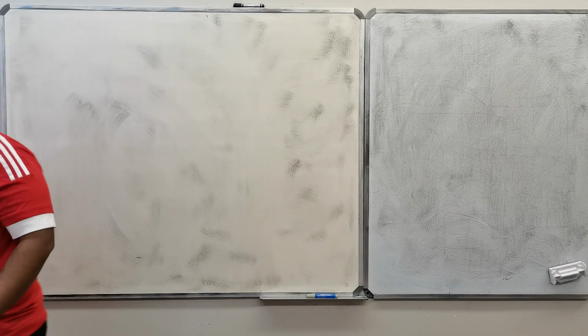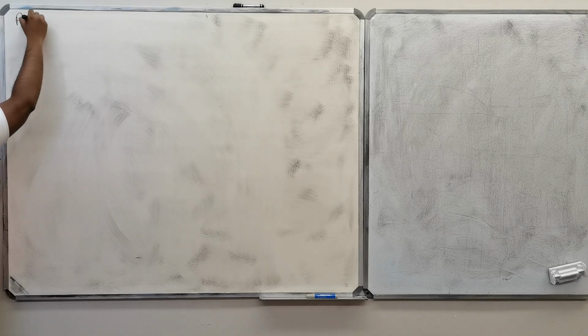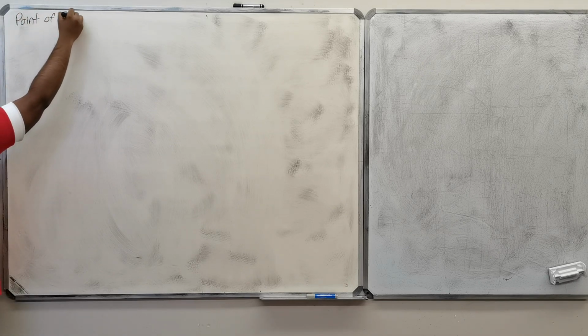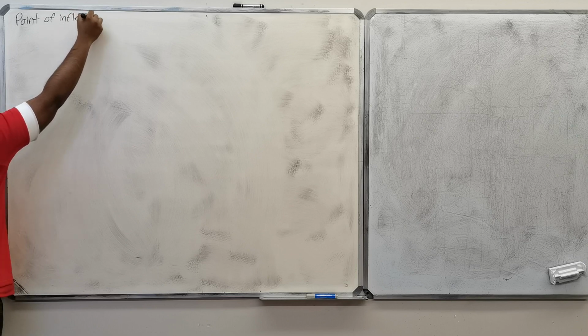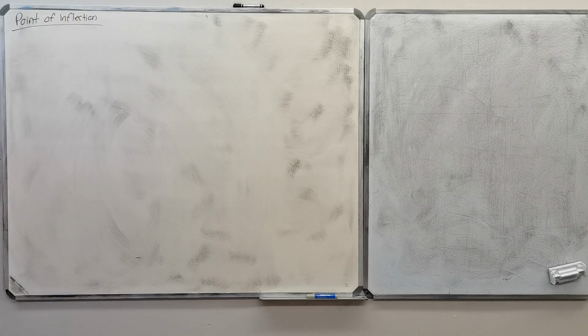Right. Let us do point of inflection. Okay, so this is point of inflection. They tell you to calculate the minimum and maximum points of y is equal to x cubed minus 4.